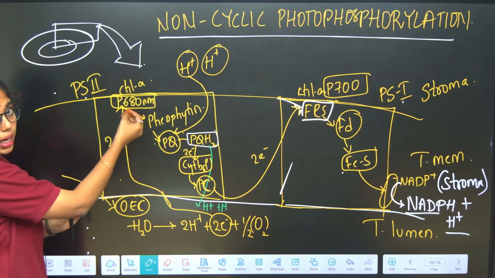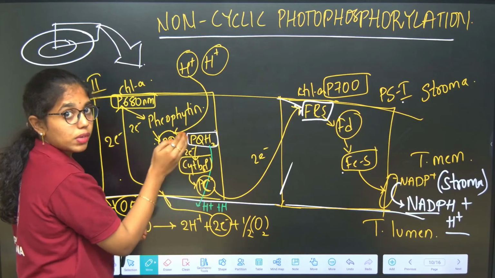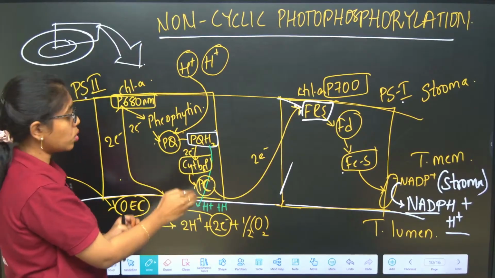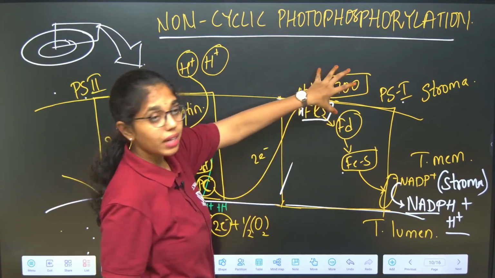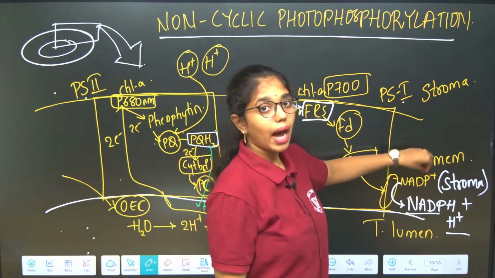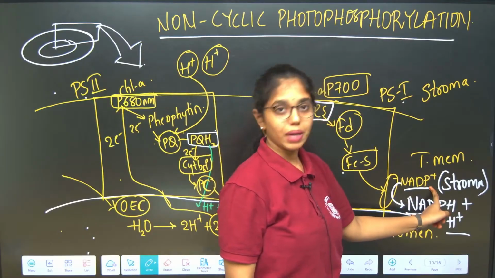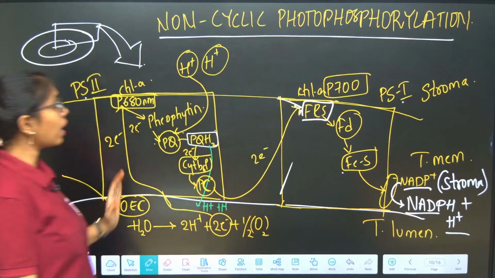This is uphill, and then downhill towards plastocyanin, the last electron acceptor of photosystem 2. Again uphill movement towards the P700 complex, that is photosystem 1. Again downhill movement up to what? NADP+, that is in the stroma. Clear till here? Uphill and downhill movement.